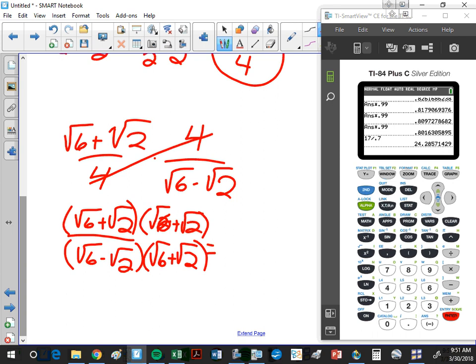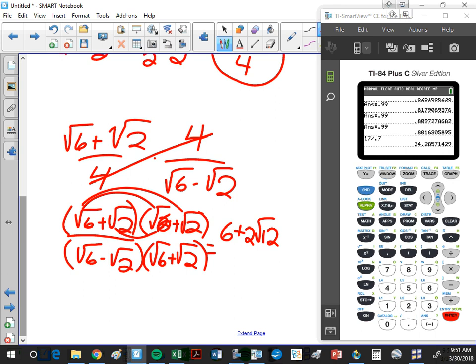So on top, we get 6 plus 2 copies of root 12. Does everybody understand that? So 2 copies of root 12. Why didn't those terms cancel? They're not conjugates. They're identical. So conjugates, the middle term cancels.